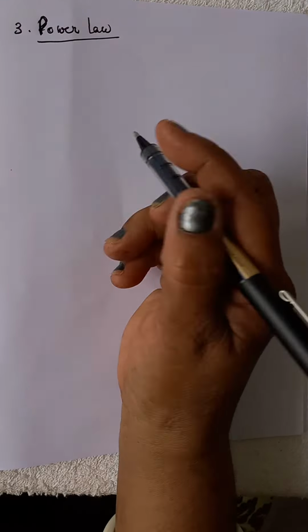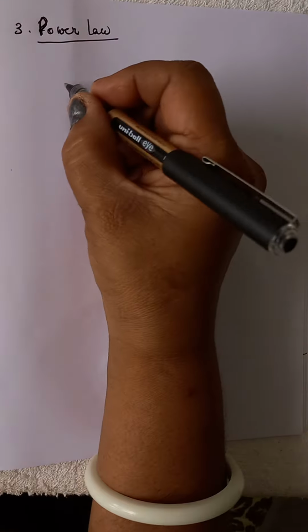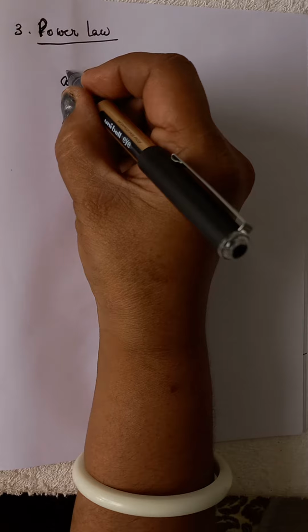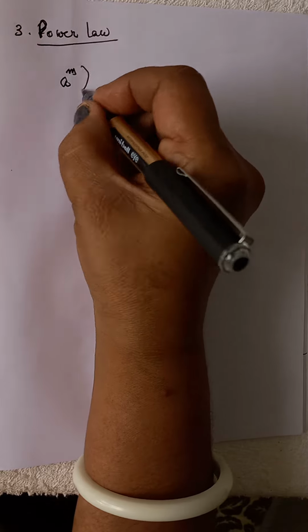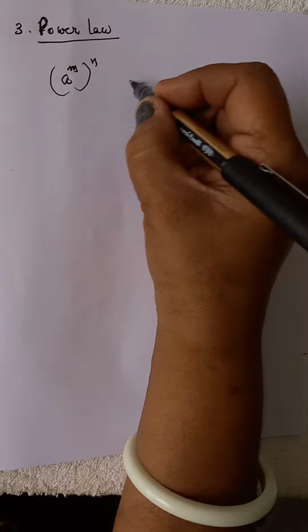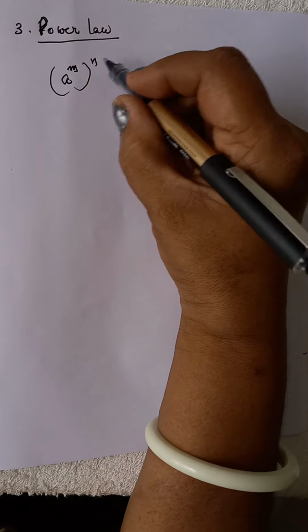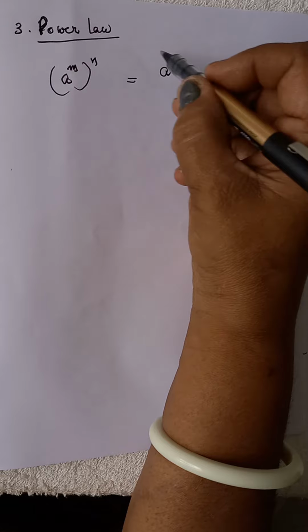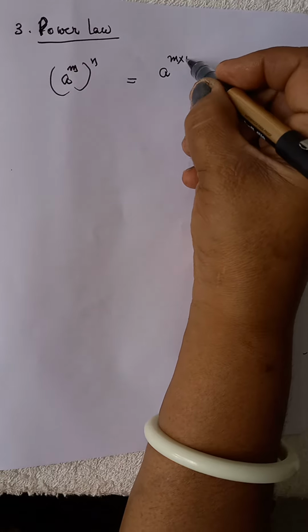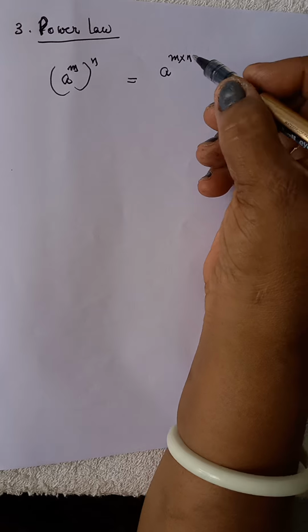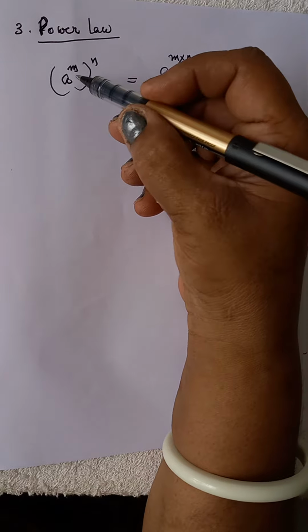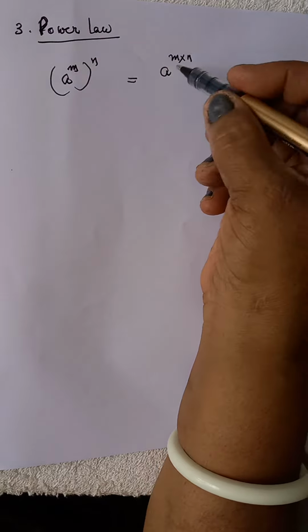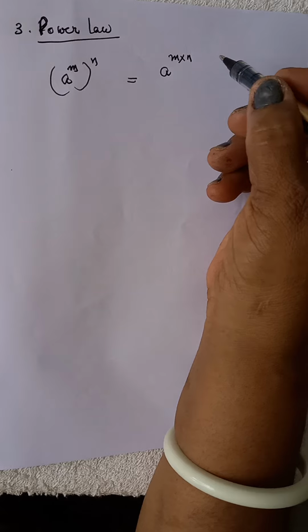Now the next one is power law, that is, if you take A raised to m whole raised to n, then that will be A raised to the product of the powers, that is m into n, A raised to m into n, that is n times we are repeating this m, so m into n.